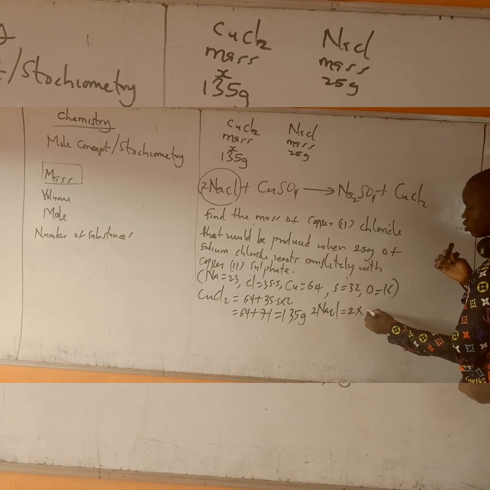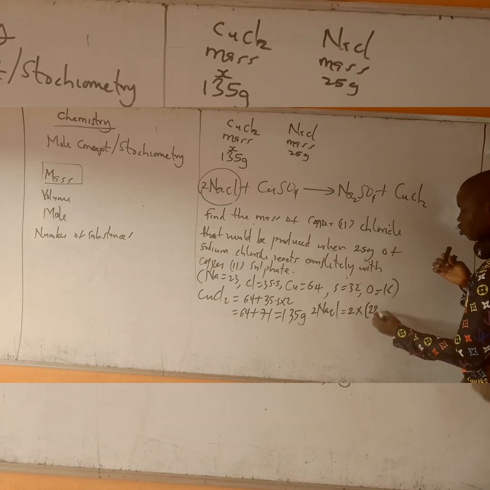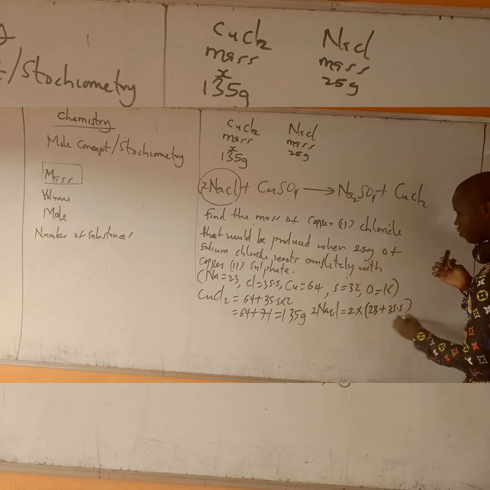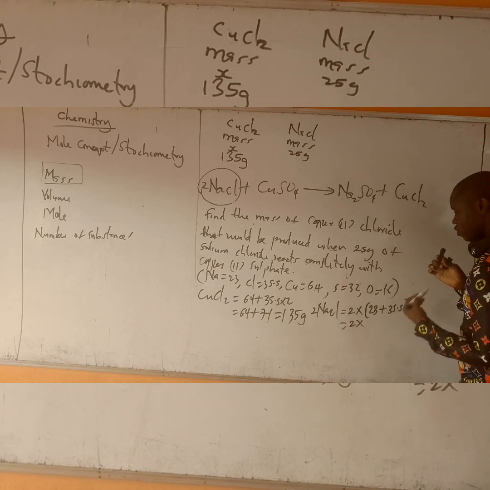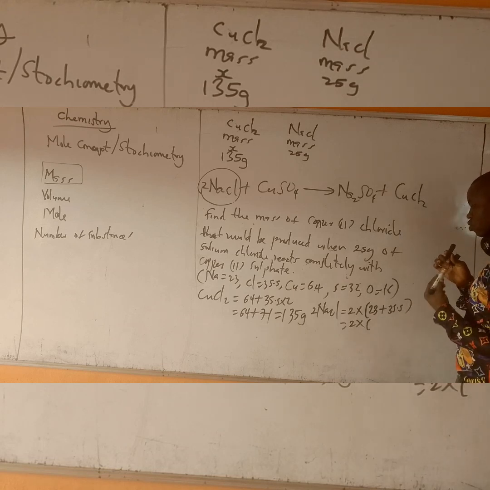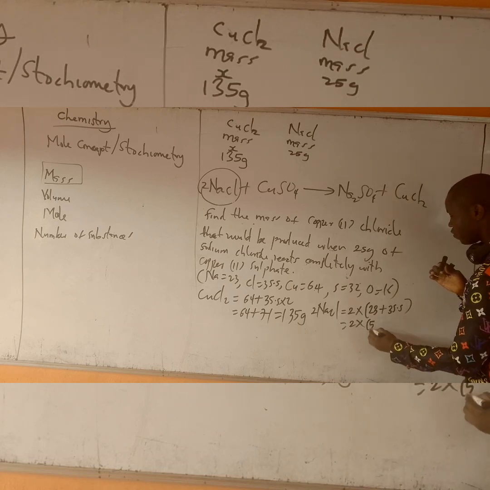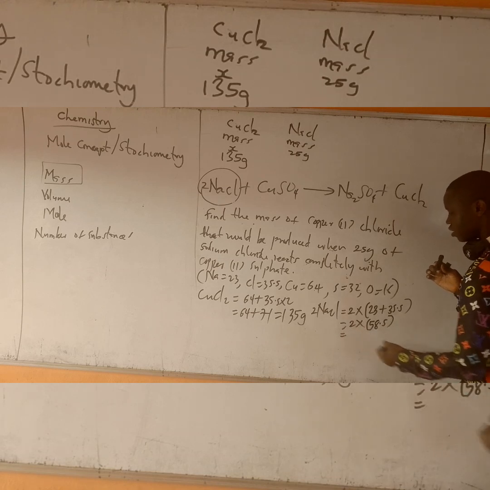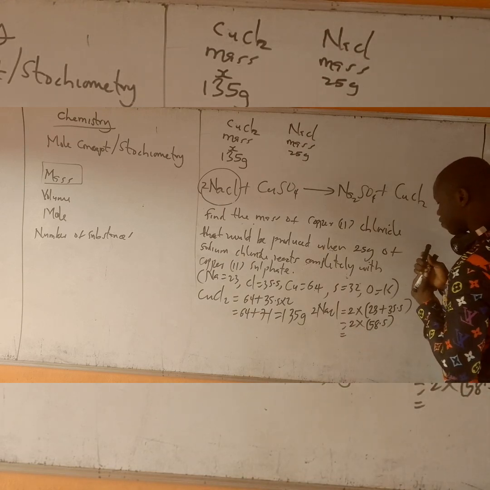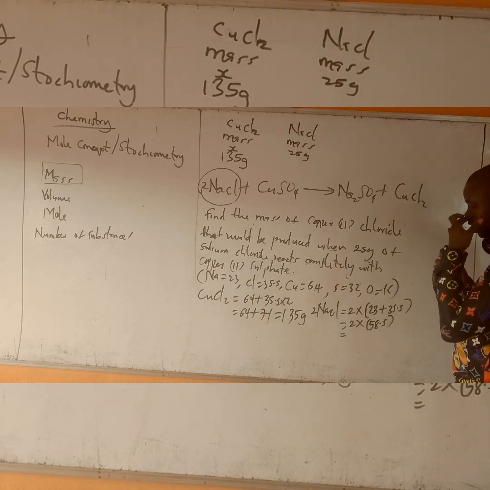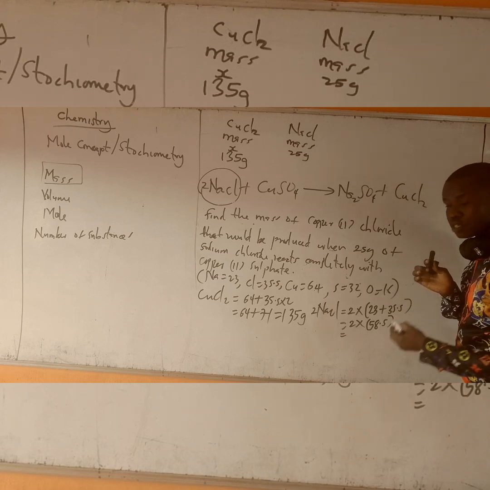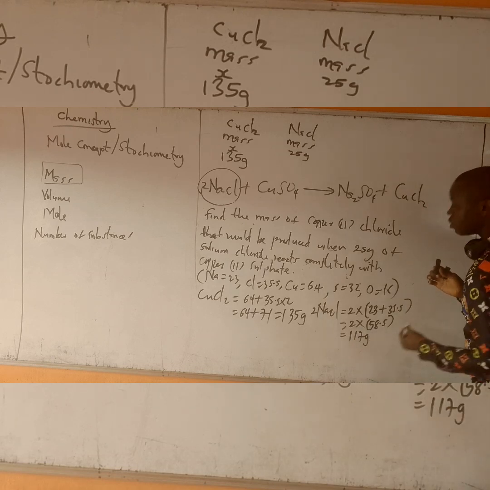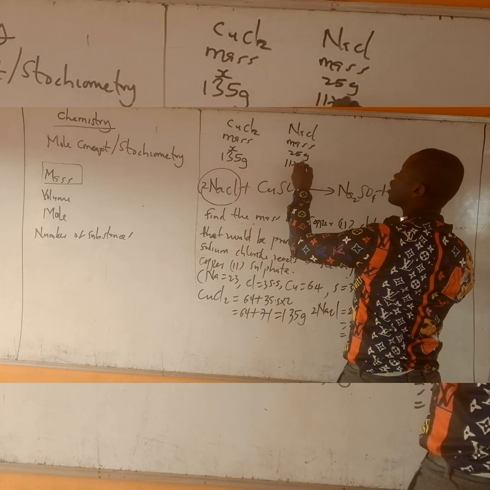Na is 23, plus 35.5. That will be 2 times 58.5, which gives you 117. So we have 117 gram here. See that?